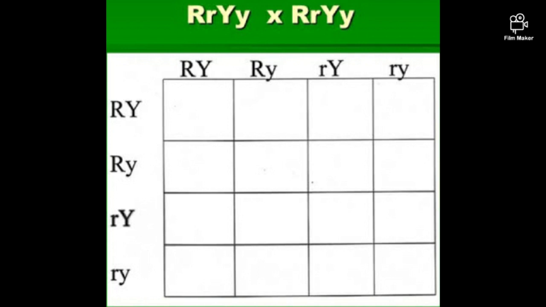Then we will make the combinations like this. We see which row and which column are intersecting, and that particular combination is to be written. That is very easy to write.